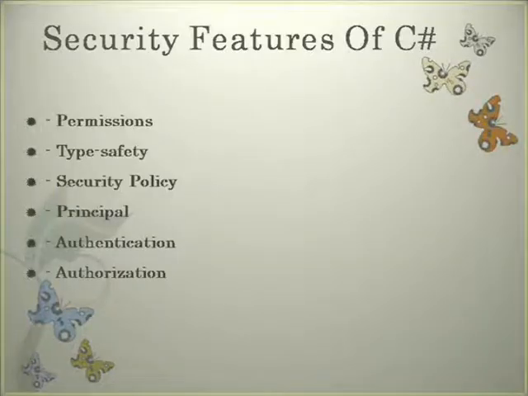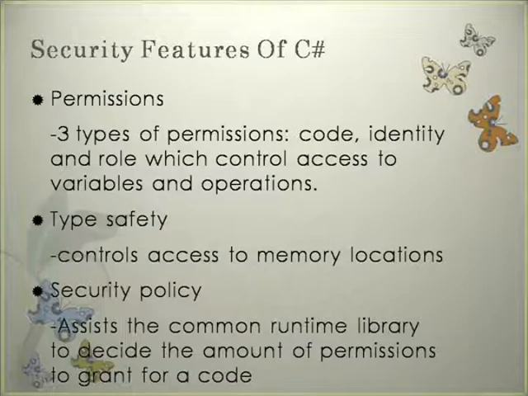Security features of C#. In this chapter, we are going to talk about permission, type safety, security policy, principal, authentication, and authorization. We'll have a look at the security features in C#.